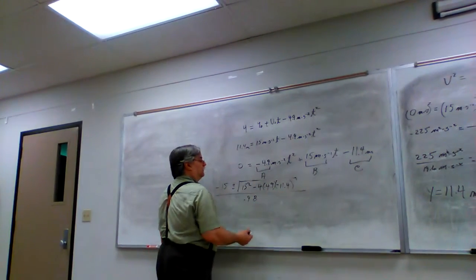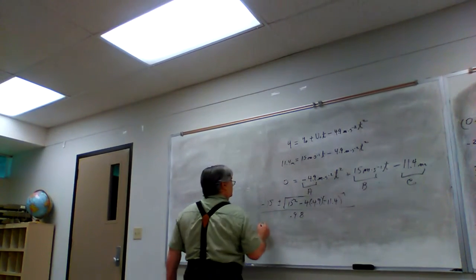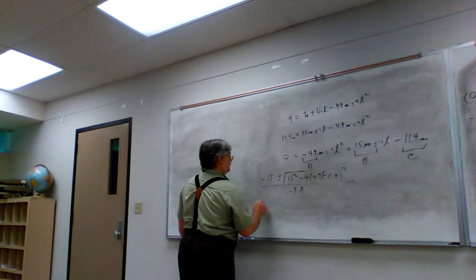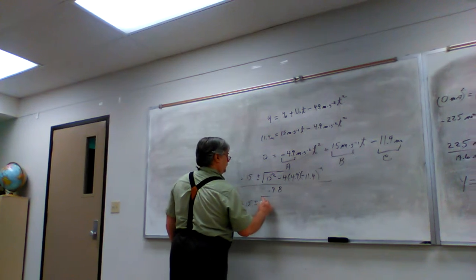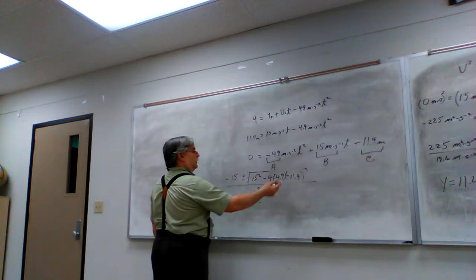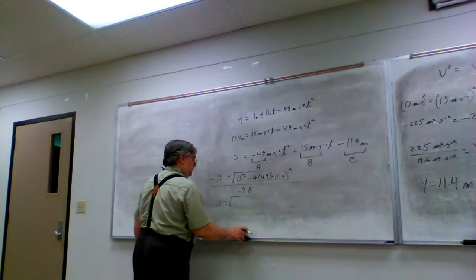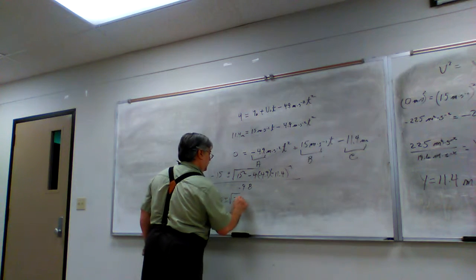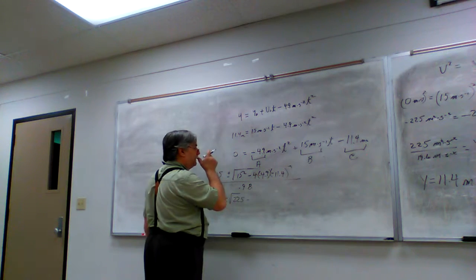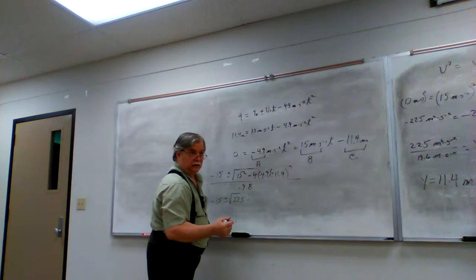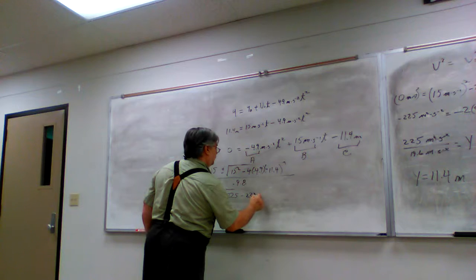What's this product? Well, wait, first of all, what's 15 squared, somebody? 225? Now, 4 times 4.9 times 11.4. 223.44.